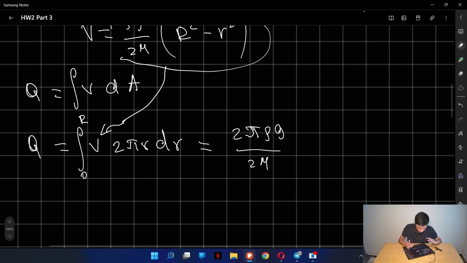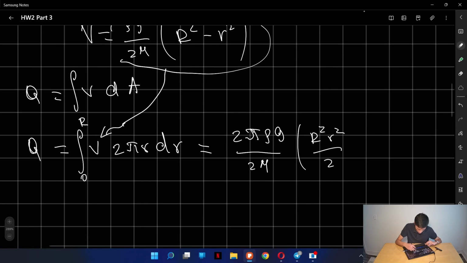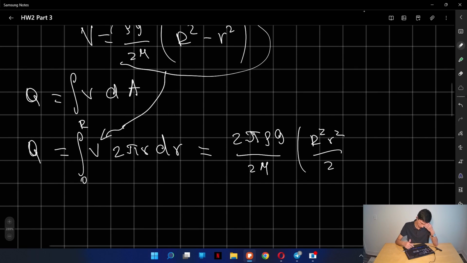So for the integration we have this r, so it's going to be r squared over 2 minus r to the 4th over 4, and the whole thing is being integrated from 0 to R, right?